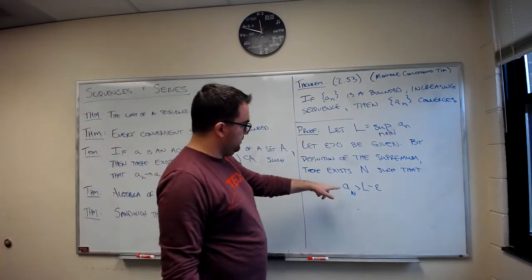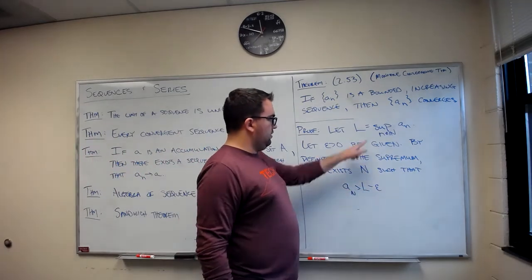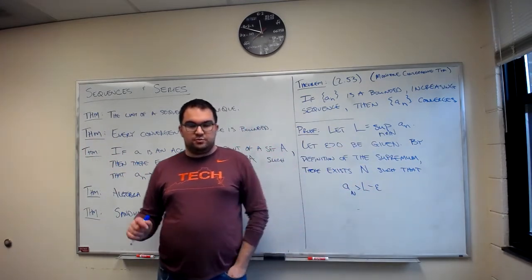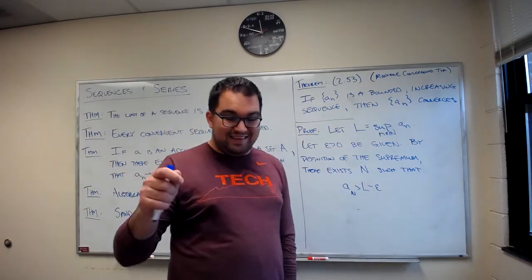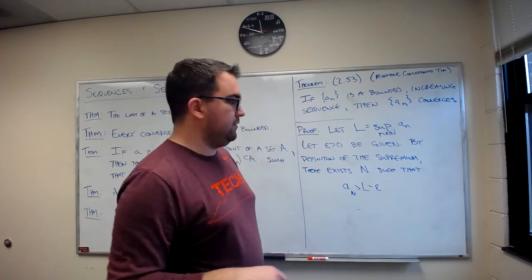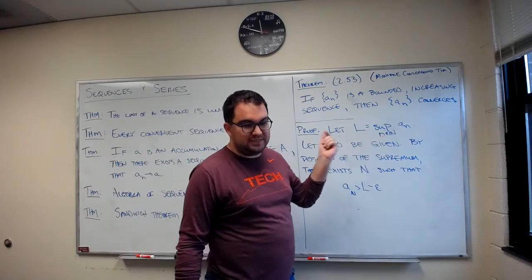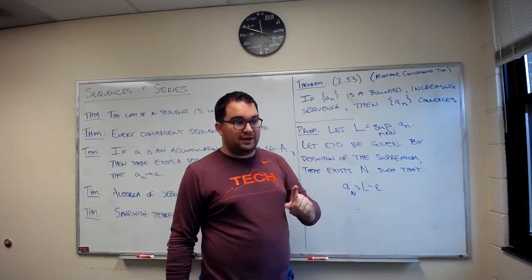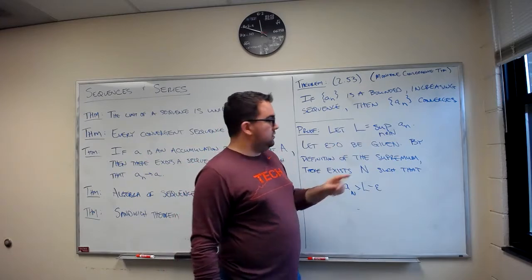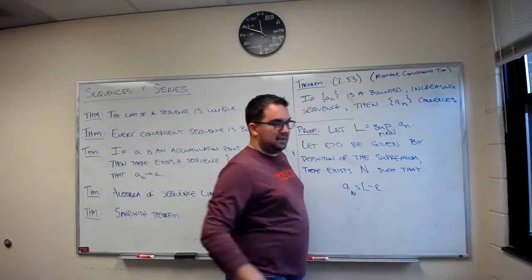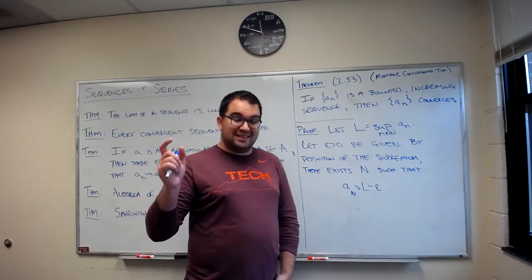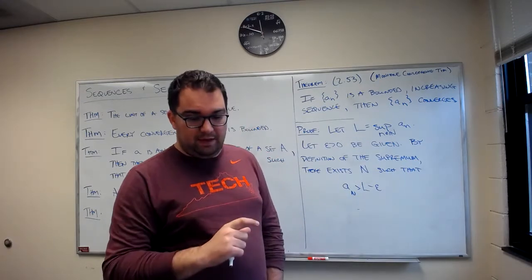Okay, now let's talk about why this is true. L is the supremum, and the supremum is the least upper bound. So what does that mean? That means that this is a number such that if I decrease it at all, it is no longer an upper bound. So L minus epsilon is less than the least upper bound.